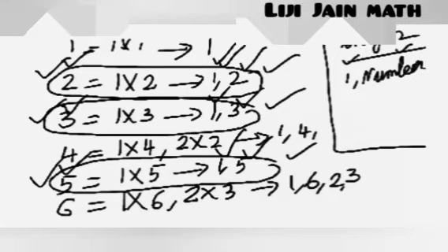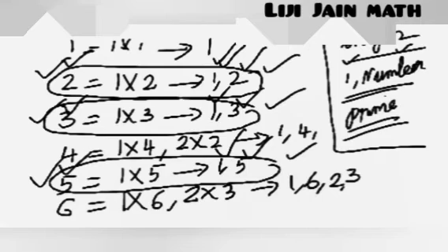Such numbers, that is the numbers which have only two factors, where the first factor is 1 and the second factor is the number itself, are known as prime numbers.